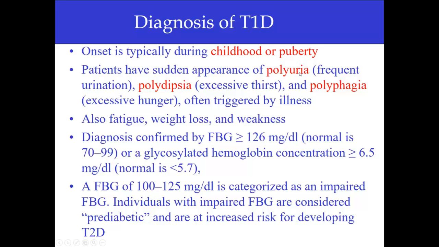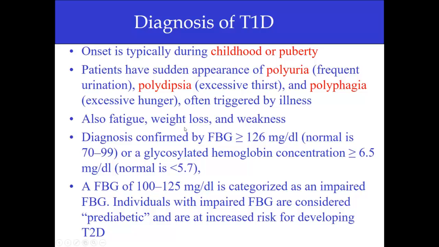So there is frequent urination. Dipsia is thirst, so excessive thirst. Polyphagia, excessive hunger. These symptoms are often triggered by illness. Any illness such as an infection can aggravate those symptoms. There are other symptoms such as fatigue and weight loss.